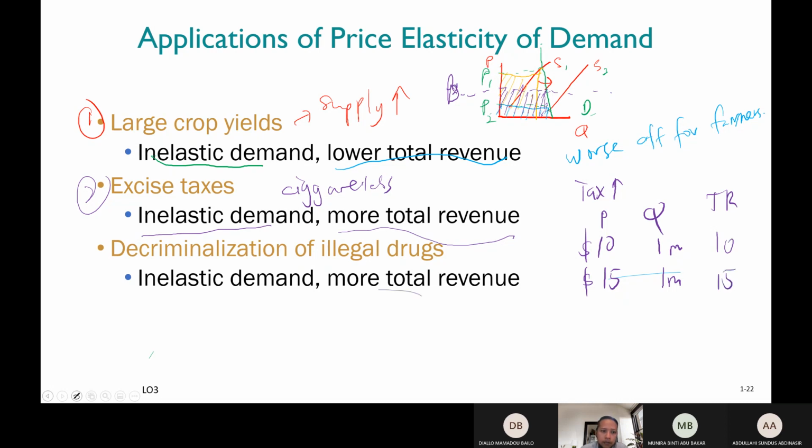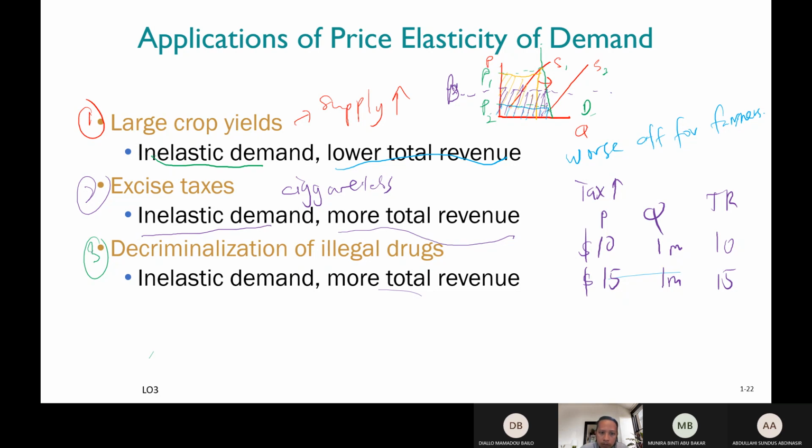Similarly, in the third situation, there is decriminalization of illegal drugs. If there is decriminalization, it will increase the supply of the drugs, so the price would decline.